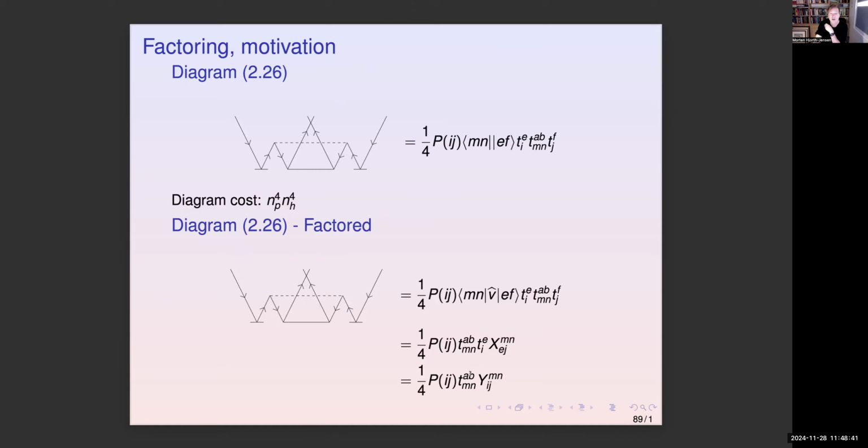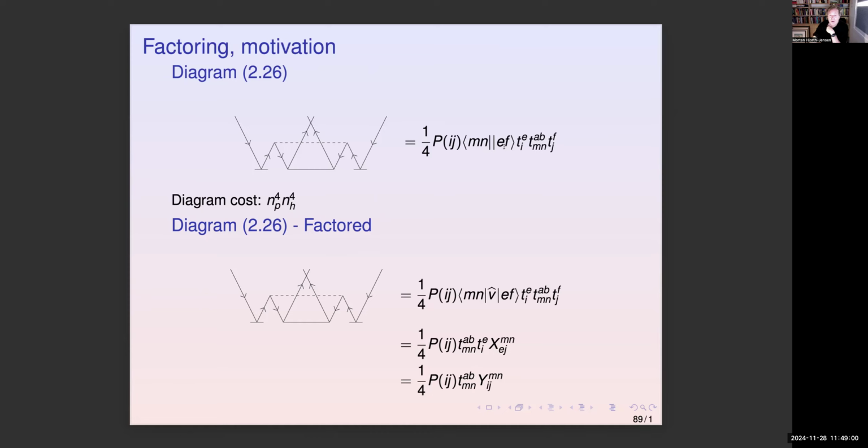And if I look at this other diagram, this diagram which you see here, where I have a T1 times a T1, and I have a T2 here, then I recognize this as a T_ABMN and V_MNEF.